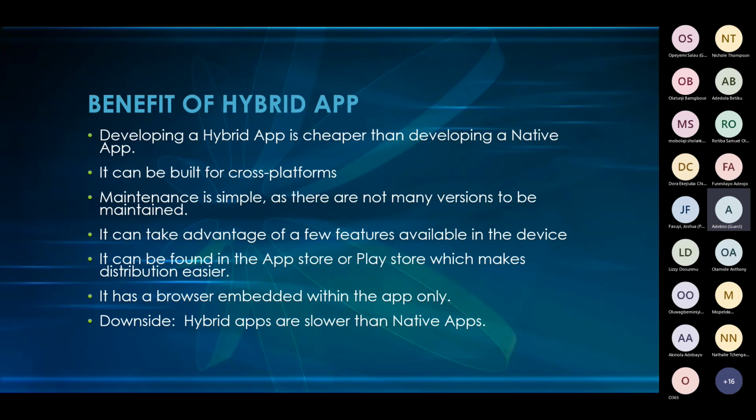And the downside is that hybrid apps are slower than native apps. Hybrid apps are slower because, for example, a lot of people can use either method to do whatever they want to do with it, compared to a native app that is installed on your system, where you just click the icon and you are done.